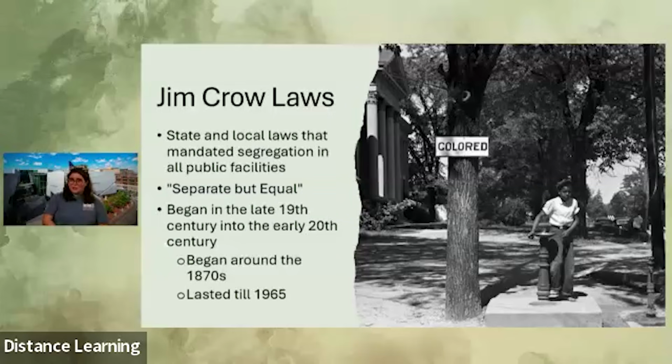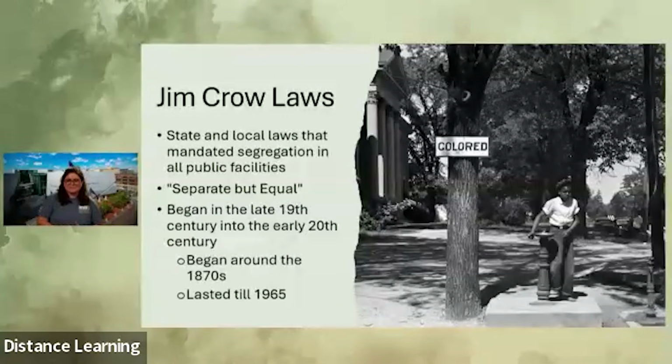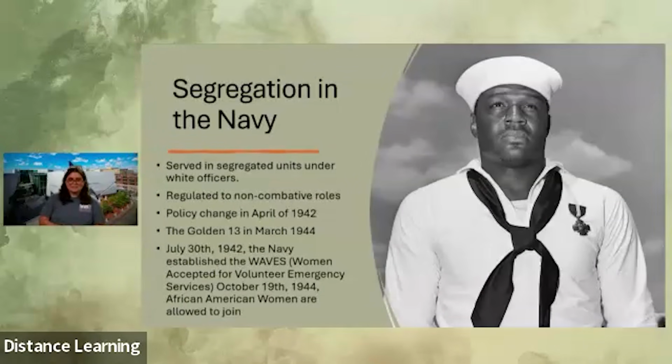Since Port Chicago was a naval munitions place, we're going to focus on how segregation affected our Navy members. There was segregation in the armed forces, where there were separate units for African Americans as well as other minority groups, separate from white Americans. In the Navy, they usually had white officers over these groups.